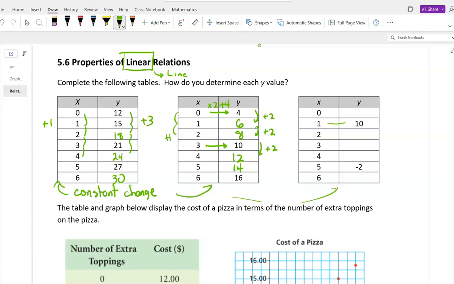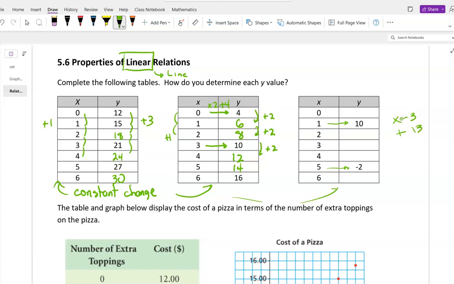All right, let's try to figure out what are we doing to get from there to there and from there to there. I think the rule here is multiply by -3 and then add, what would you add?